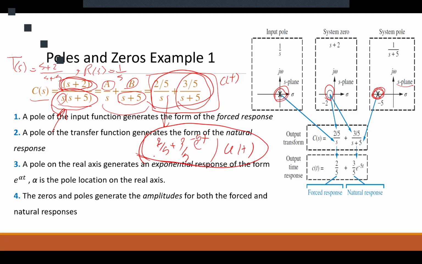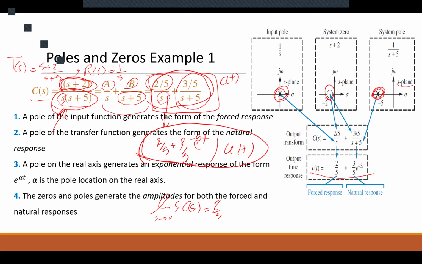Now we have an easier way to find the response of the system. Look at this. What we are going to have is this coefficient, which is the limit of, for the pole at s equals 0, s times C(s) when s goes to 0. If you put that here, it becomes 2/5.